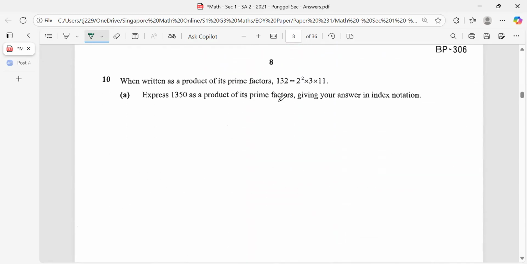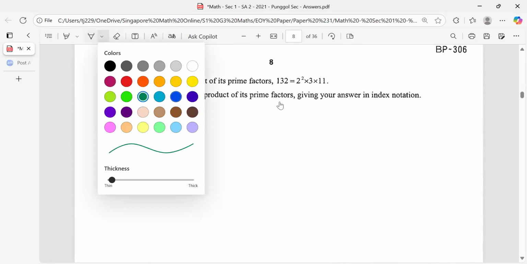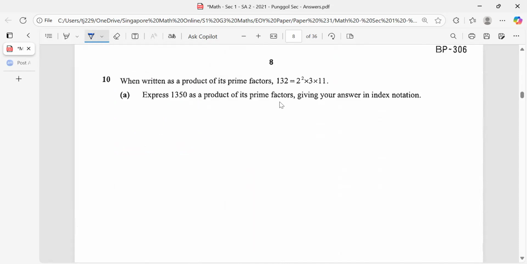Question 10. When written as a product of prime factors, 132 is represented by 2 squared times 3 times 11, and express 1350 as a product of its prime factors, giving your answer in index notation. So let's use prime factorization to break it down.